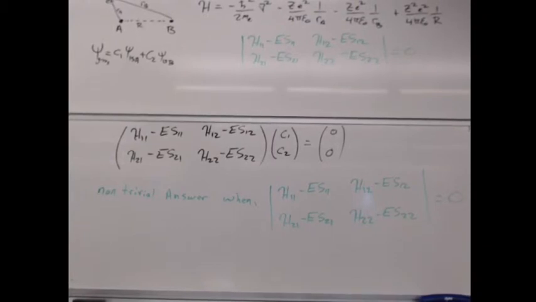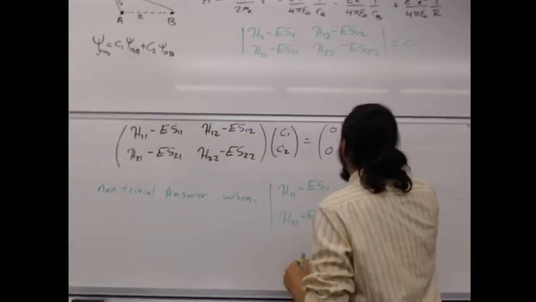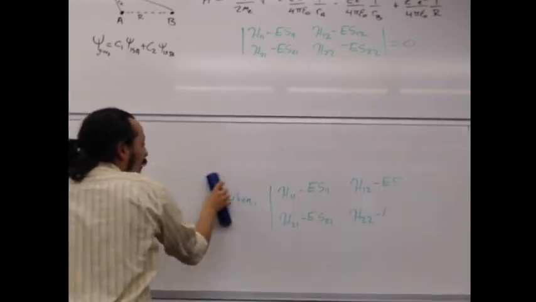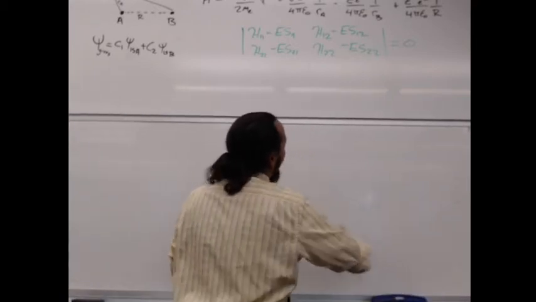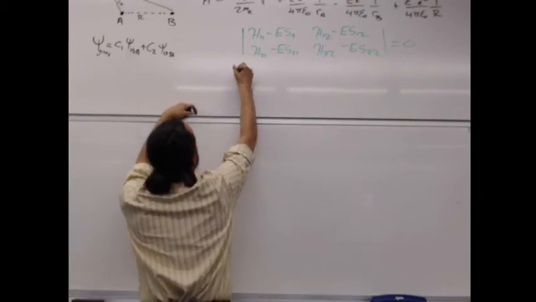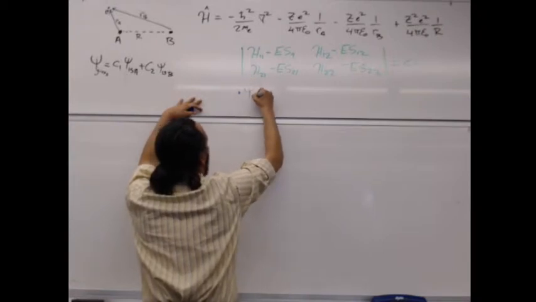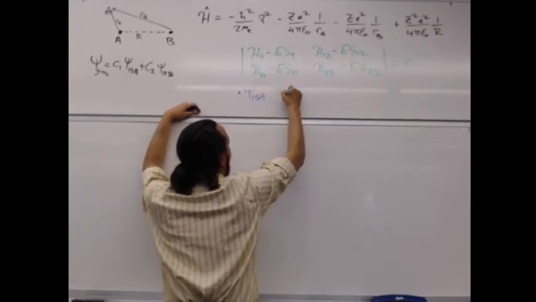So with this guess function, we get to bring back some of our nice things from the equations before, because I wanted this to be more generic. We're going to use a couple of things. Psi 1sa is normalized.